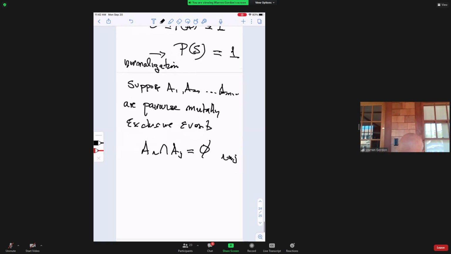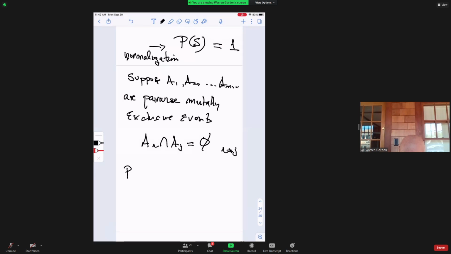Then the probability of their union is equal to the sum of their probabilities.